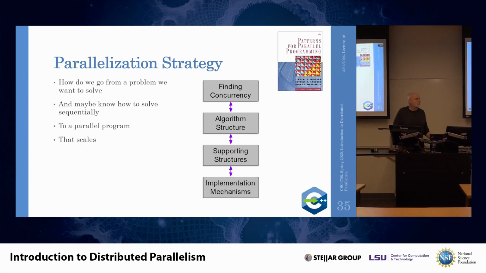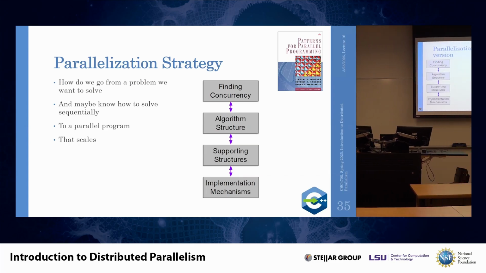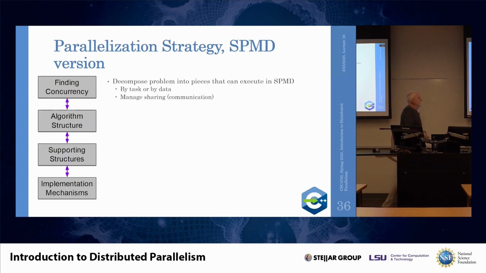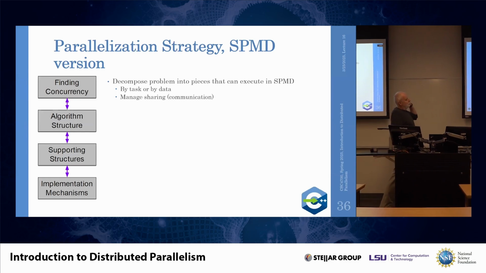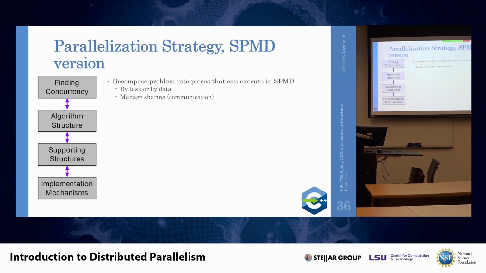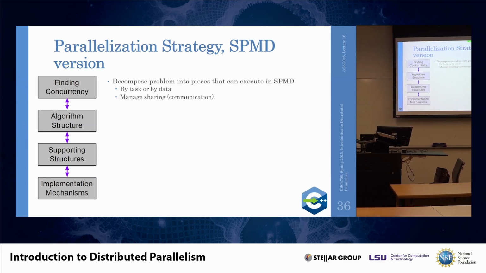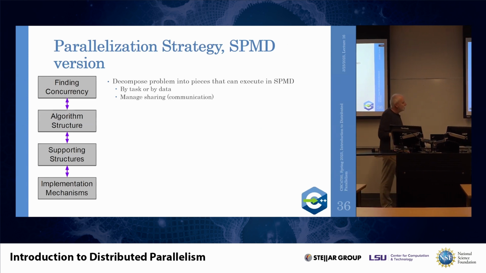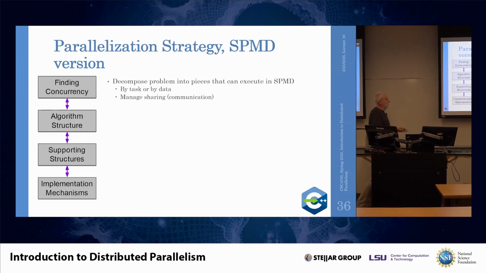We want to run faster or we want to run bigger. So let's look at it from the standpoint of SPMD. We have to find a way to decompose a problem into pieces that can execute in the SPMD model. So we have to distribute the data. We can do it by task or by data. Let's do it by data here. And we have to manage the communication, the sharing of the data somehow.